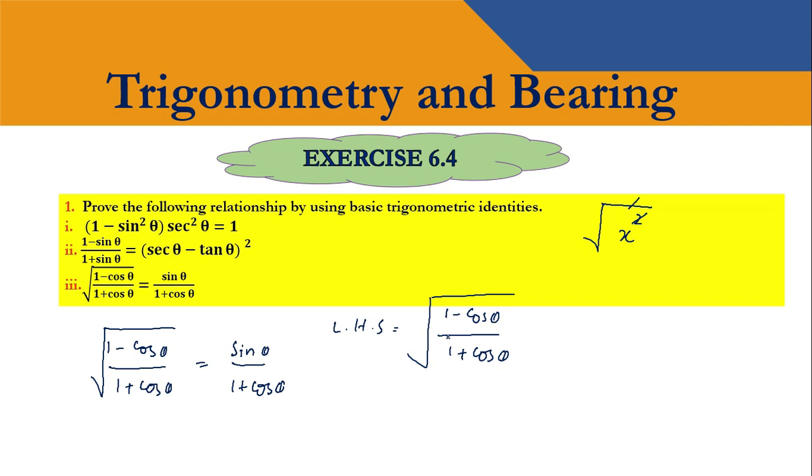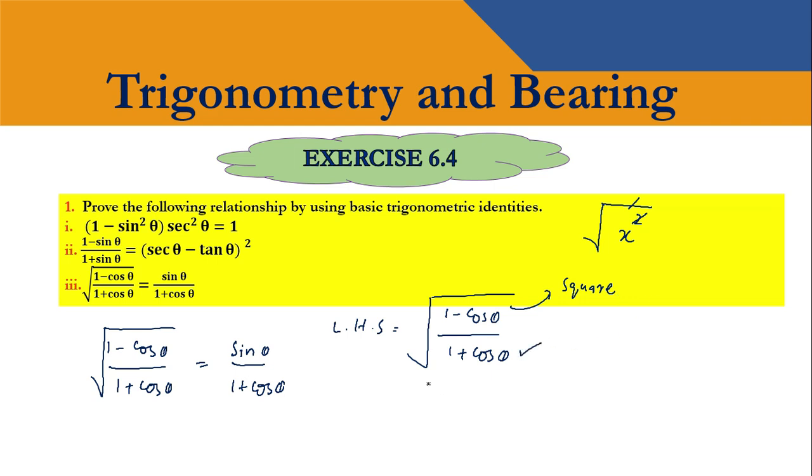This is your first objective. The second objective is that you need to retain the denominator. The 1 plus cos theta here must stay 1 plus cos theta. So don't change 1 plus cos theta. Do not destroy your denominator. Keep your denominator as 1 plus cos theta here.